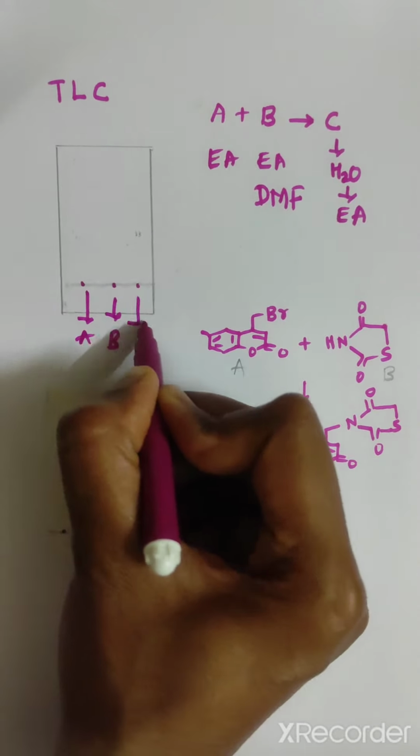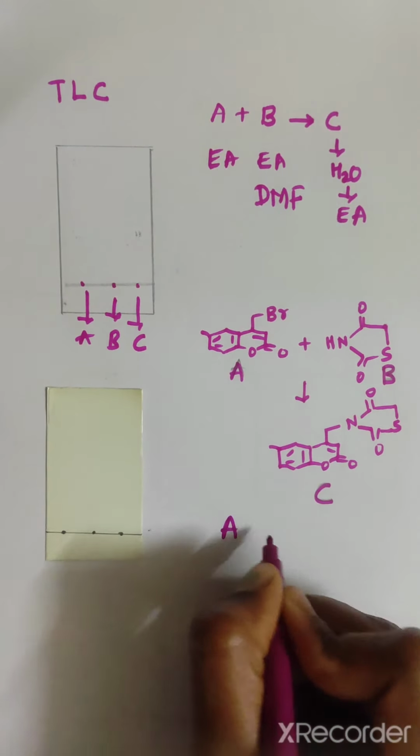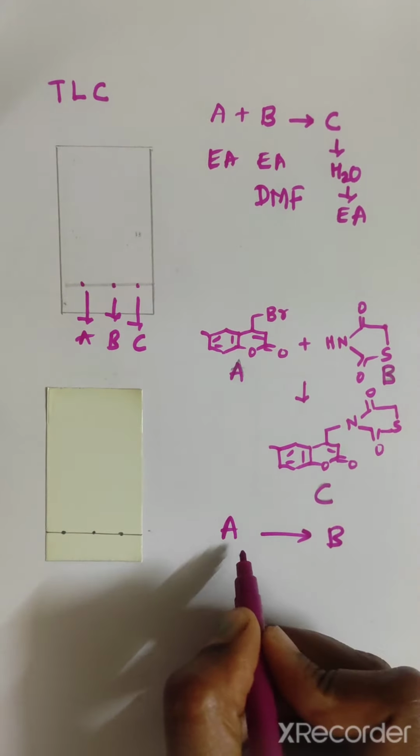If you have two reactant molecules A, B, and C, you have to spot like this. If you have only one aromatic compound and the other one is aliphatic, it is not necessary to spot the TLC of aliphatic compounds. In that case you only have to spot A and C, the reactant A which gives the product.